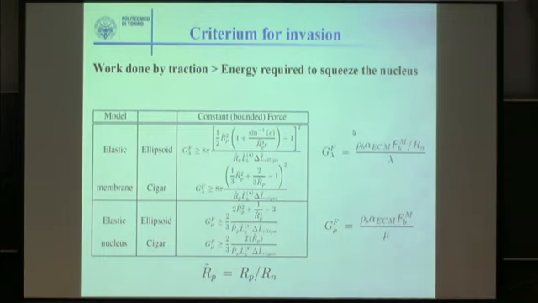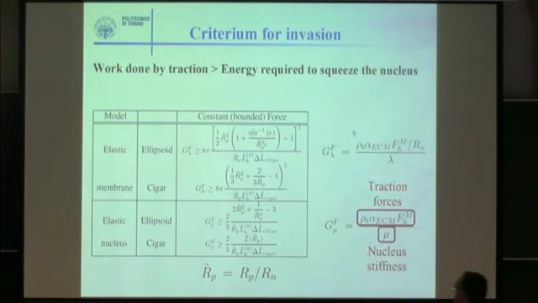Okay, so let's look at the one at the bottom. This is an elastic nucleus, for instance, and the nucleus deforms in an ellipsoid-like shape, and this is what you get. What does it tell you? Well, first of all, there is a dimensionless number, that I call the Giverso number because she's the one that did the work, more or less. And this number measures quantities that are related to the traction forces exerted by the cells.